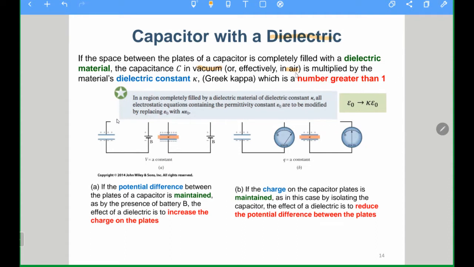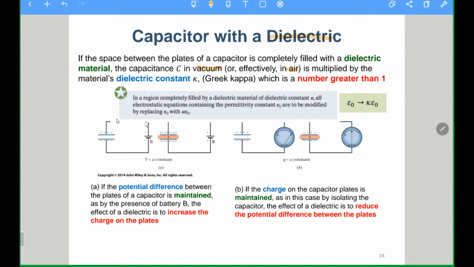We assume that the dielectric constant for the vacuum is 1, and for air it is slightly larger than 1, like 1.00 something. But for other dielectrics, kappa will always be larger than 1. Okay, so this is the quick observation.